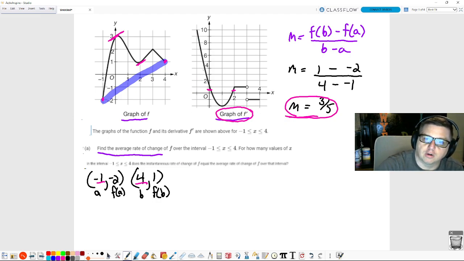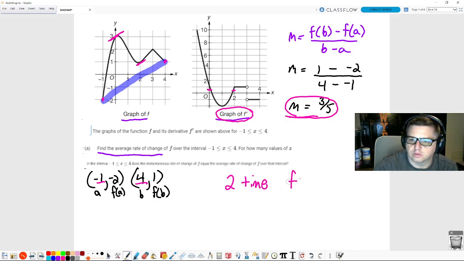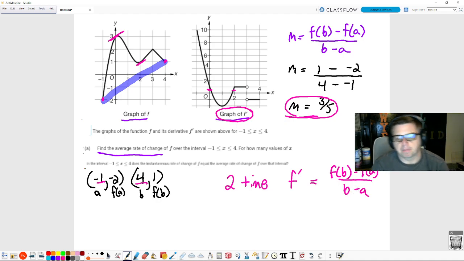But if we look at our derivative graph, we can see instantly where 3 over 5 gets hit. And it gets hit 2 different times. So 2 times f prime equals f of b minus f of a over b minus a.